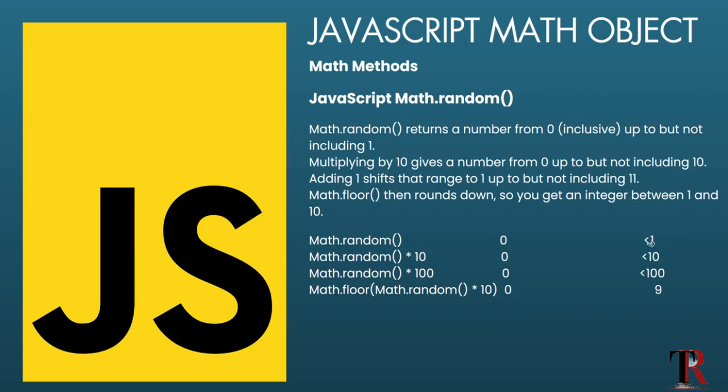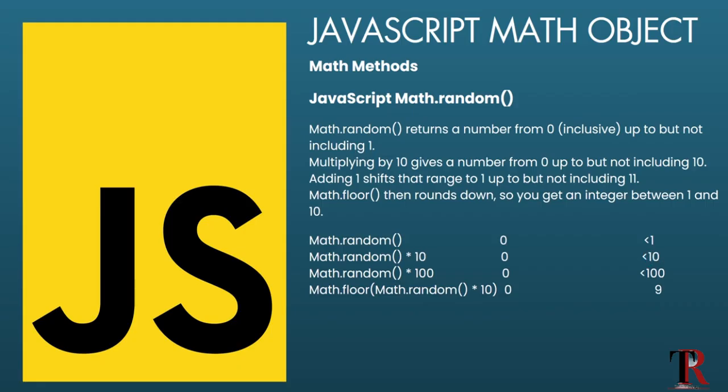So it can be 0.9999, but 1 is not going to be included. When you multiply it by 10, it will return a random number from a range of 0 to something less than 10. So 0 is going to be inclusive, but 10 is going to be exclusive, which means 10 is not going to be part.